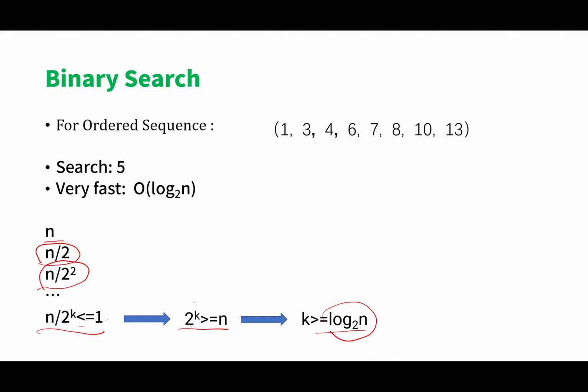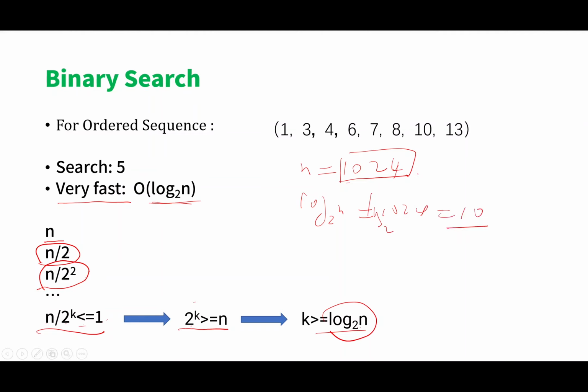So this binary search is very fast. For example, if n equals this, for sequential search, we will do this number of comparisons. But for binary search, k is equal to 10.